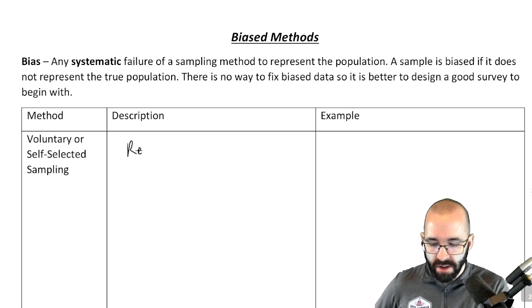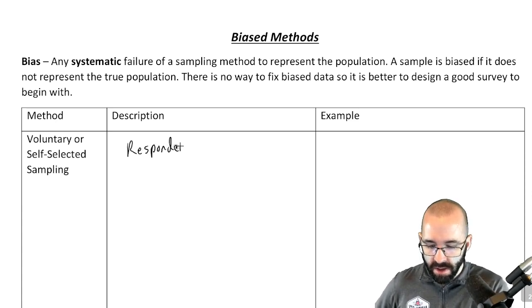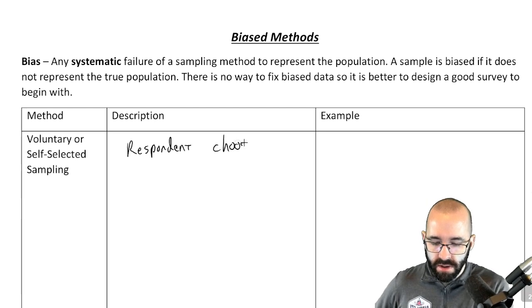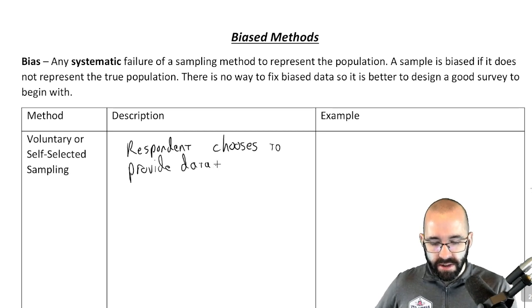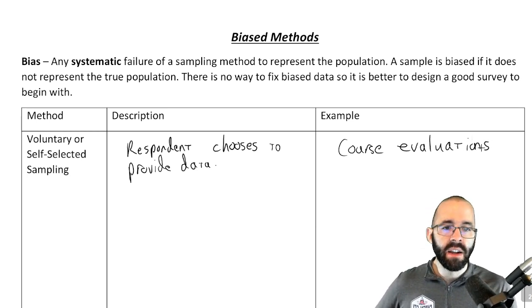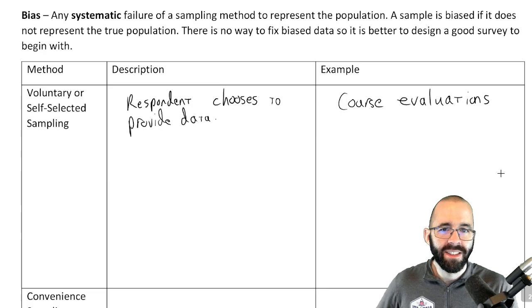The respondent chooses to provide the data. Okay, so course evaluations. And one of the main reasons that these are biased is that in general, it usually doesn't ever get the middle ground.